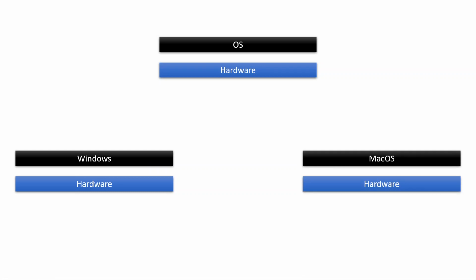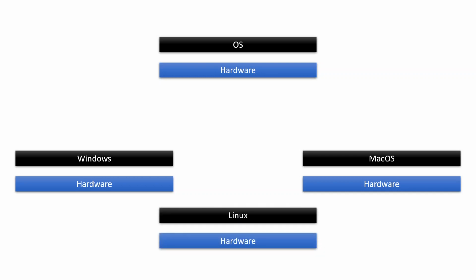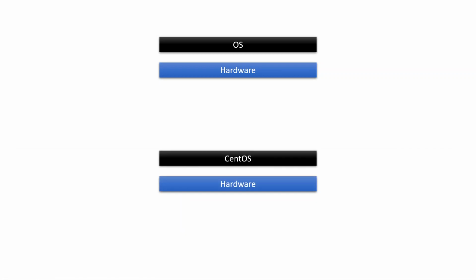Some would be using Mac OS, and very rarely 1 or 2% of users would be using Linux on the top of their hardware. So you can use Windows, Mac OS, or Linux on the top of your hardware directly. You can install them on the top of your hardware, and similarly you can install CentOS on the top of your hardware.